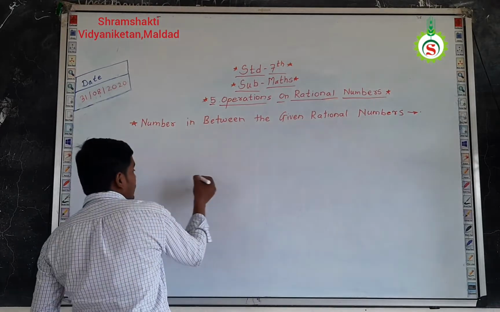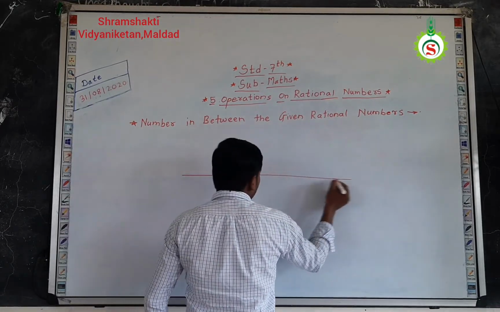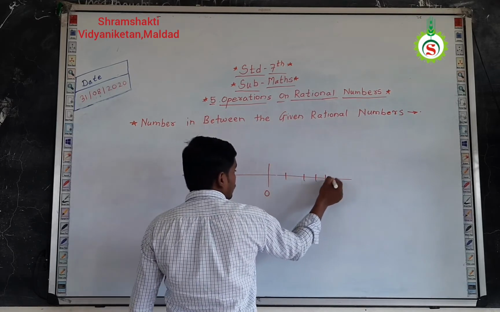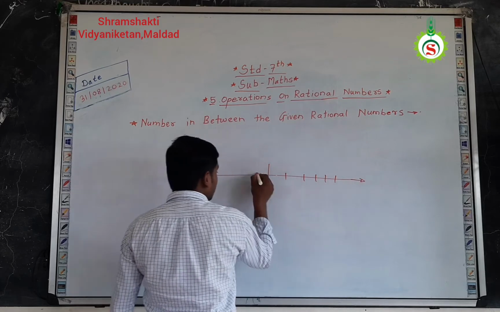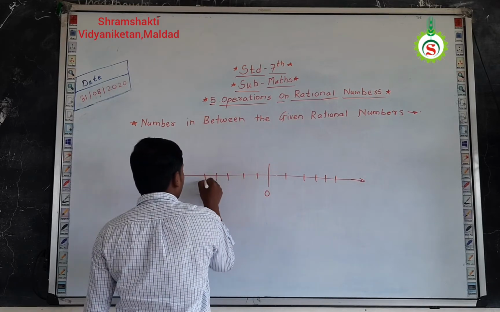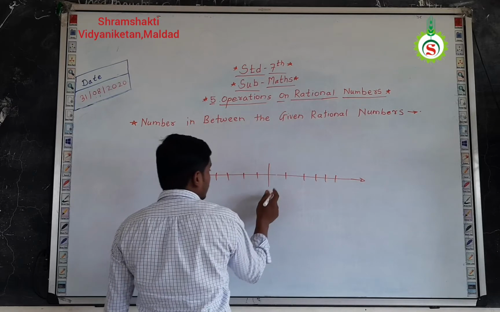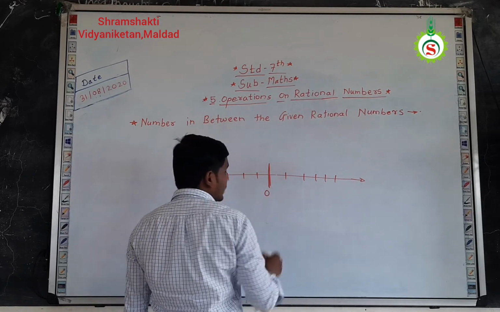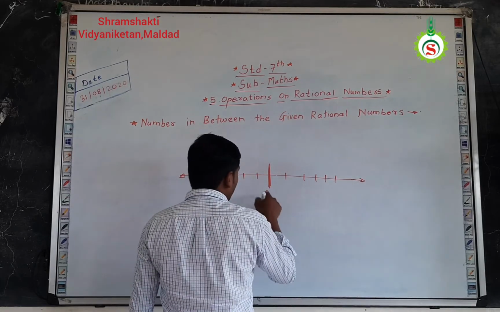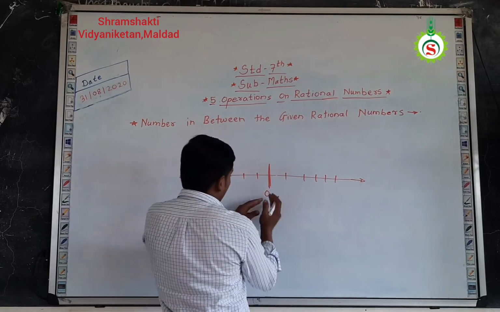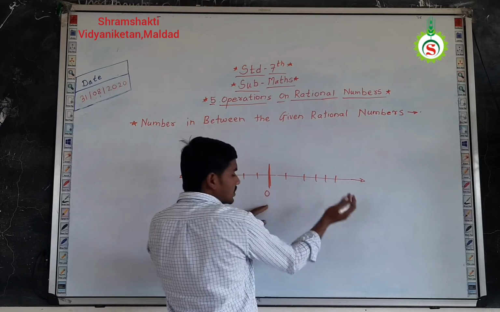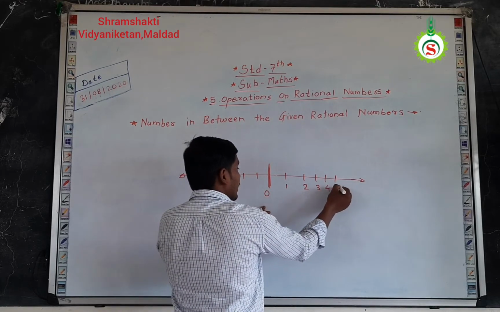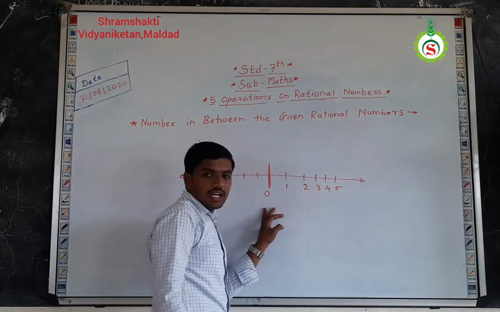Before starting with that, look at this: there is 0, 1, 2, 3, 4, 5, like that. This line is the number line. In the middle of the number line there is 0, which is neither positive nor negative. On the right side of 0 there are positive numbers 1, 2, 3, 4, 5, and it continues.